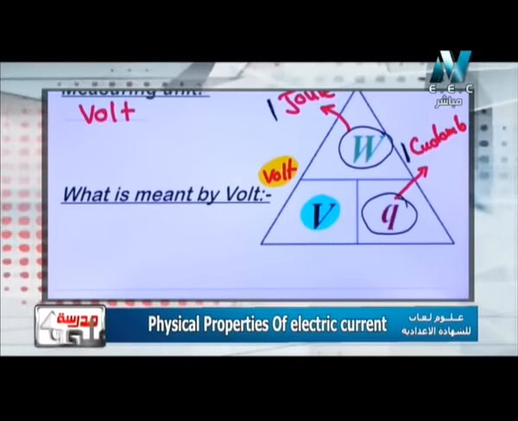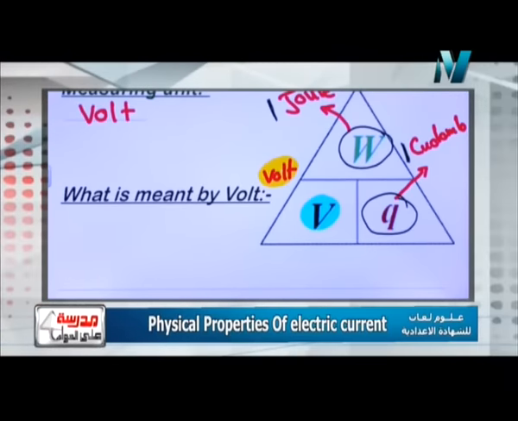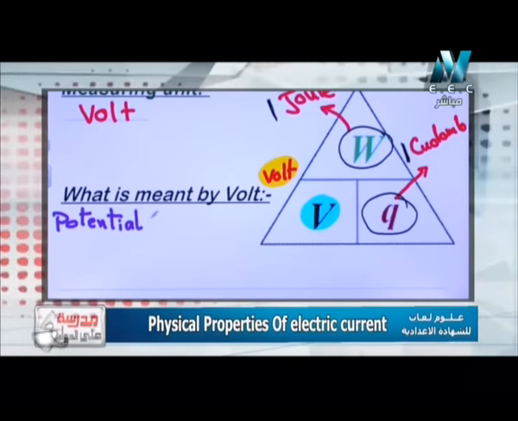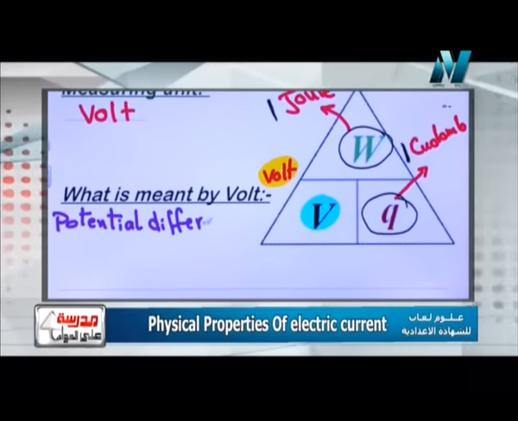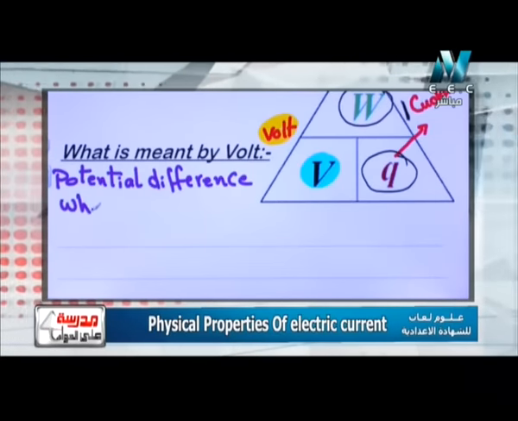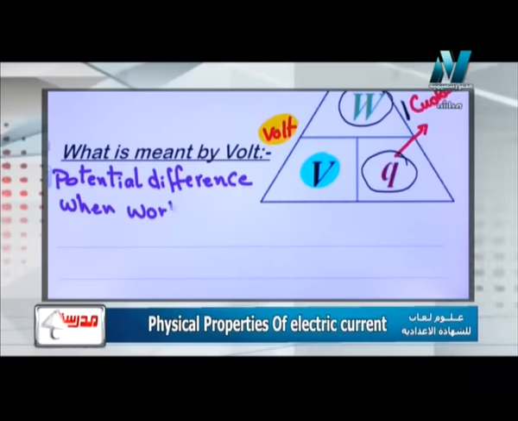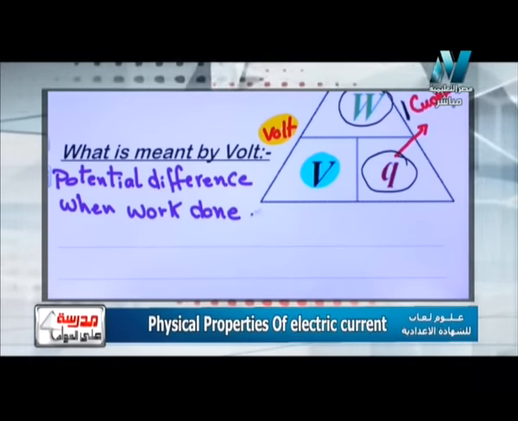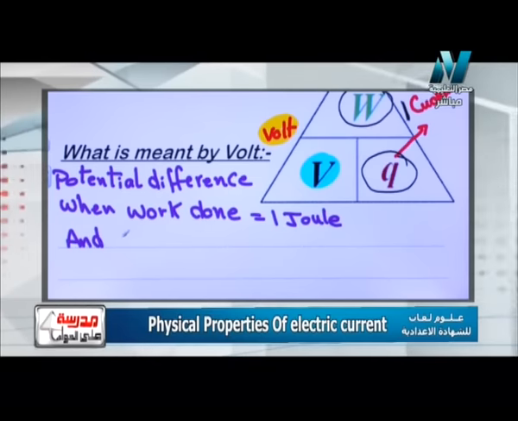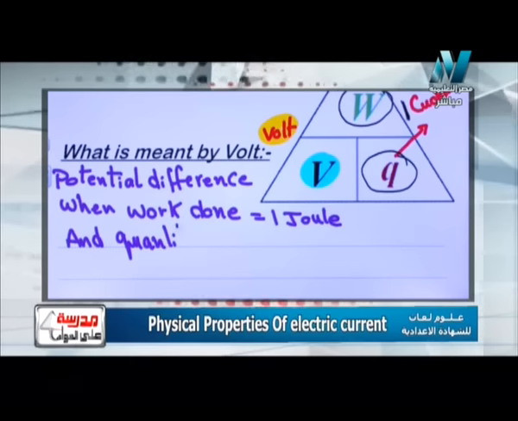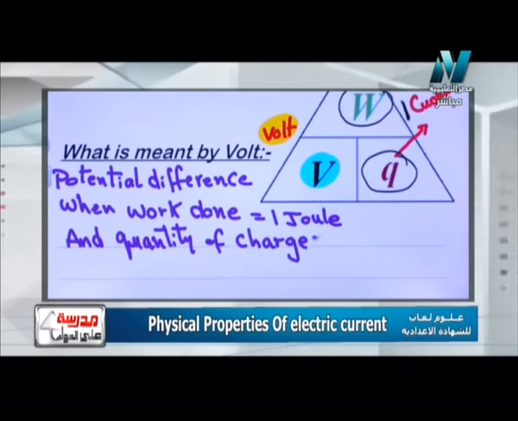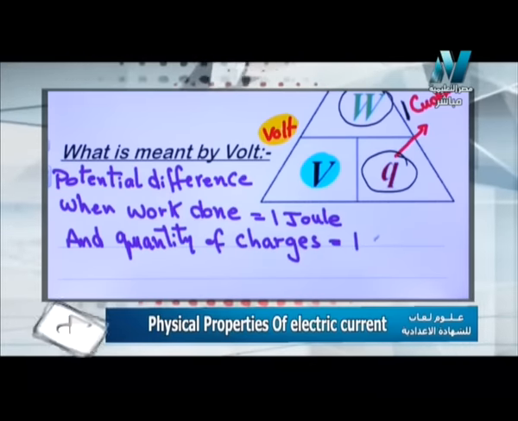Volt, it is potential difference when work done equal 1 joule and quantity of charge equal 1 coulomb.